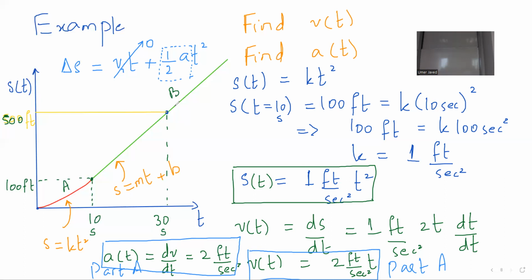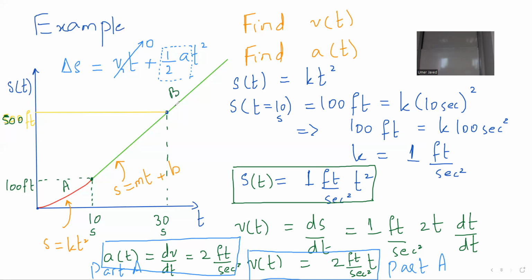So you will have two equations with two unknowns, m and b. You find m and b, then you have a beautiful expression of S. Then you take the derivative, then you take another derivative.